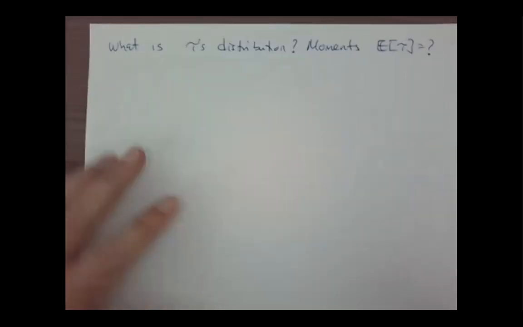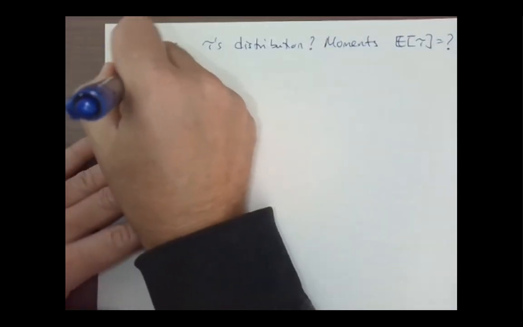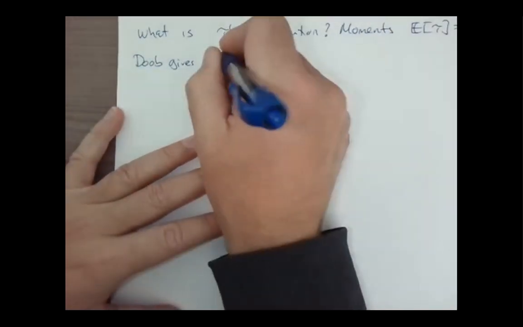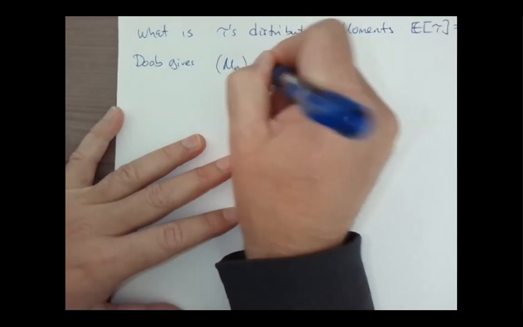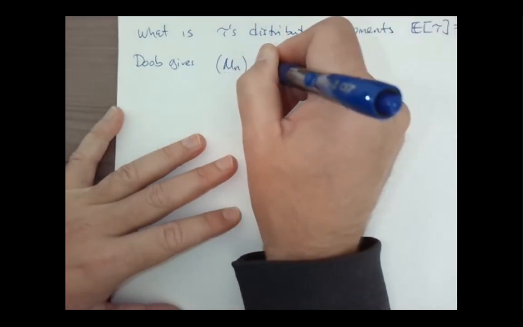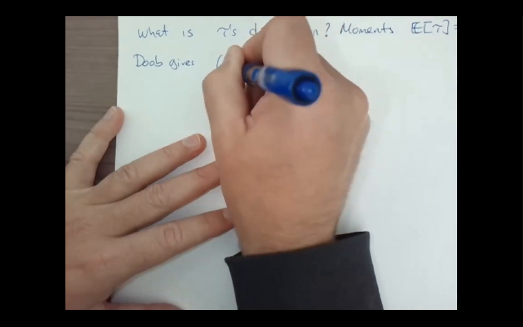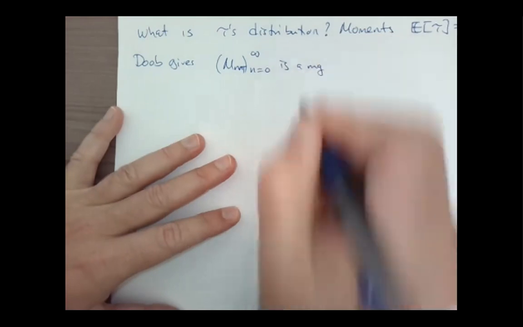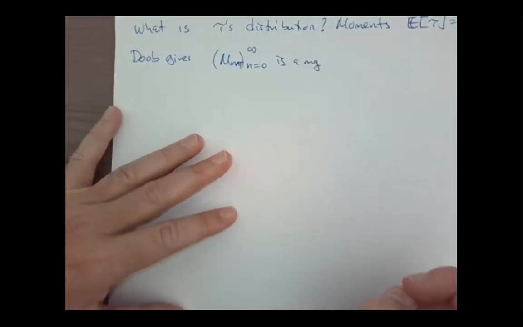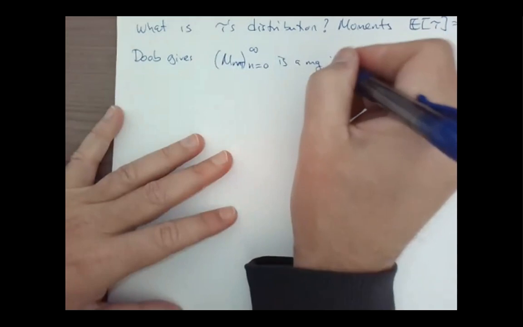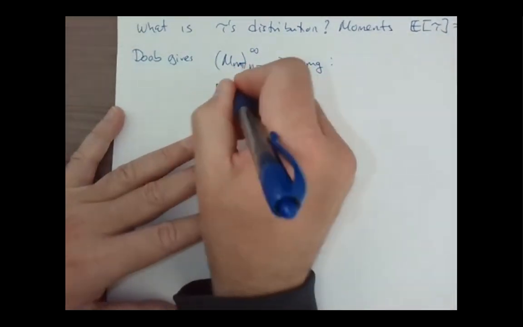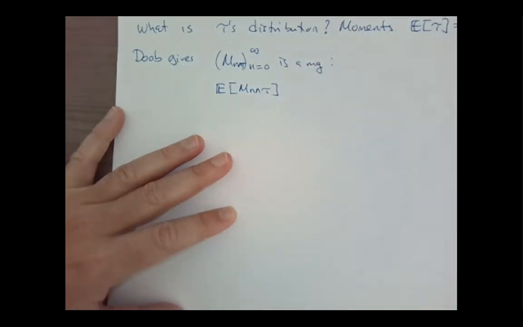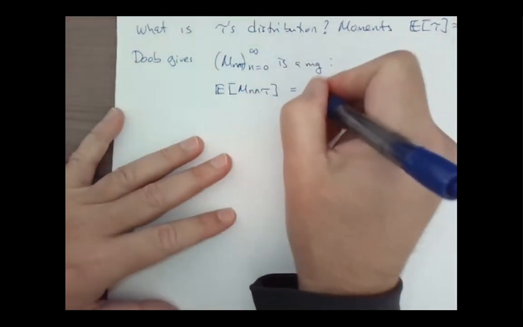And what I have is that Doob gives us that if I take my symmetric random walk and stop it, the stopped process is a martingale. Then, because it's a martingale, it has constant expectation over time.